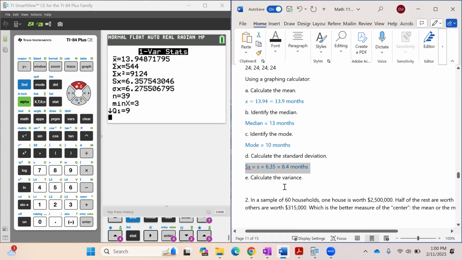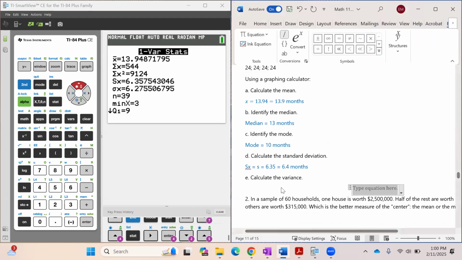Continue on to the variance. Variance is just our standard deviation squared. So I'll say Sx squared, which is the same thing as s squared. What we're going to do is not take this rounded standard deviation.